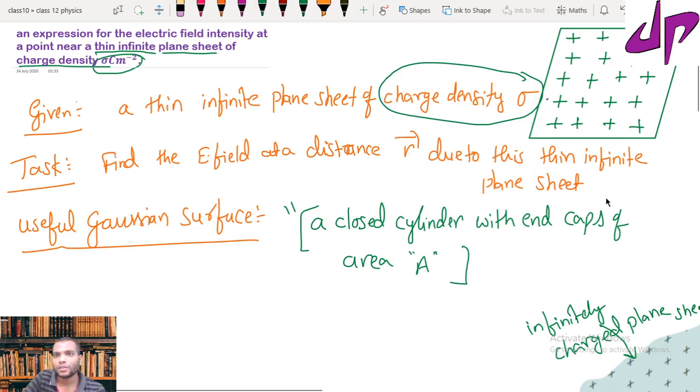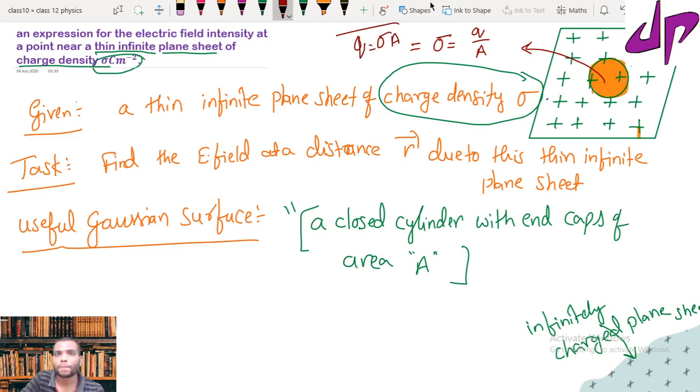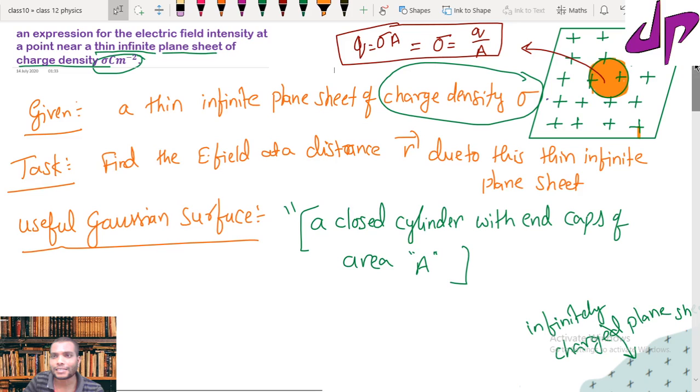If you take a small area on this sheet, how much charge is present in it? Since sigma equals charge per unit area, from this relation I can calculate the charge: Q equals sigma times A. That is the meaning of charge density.